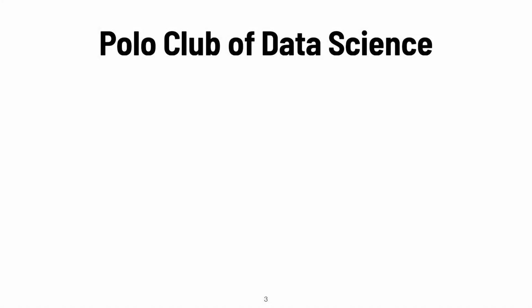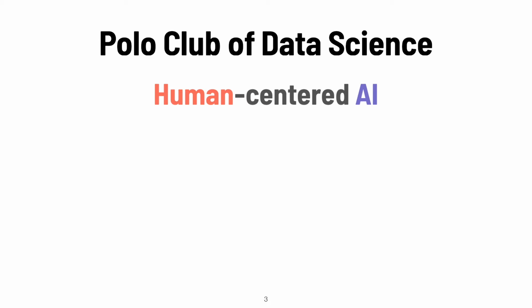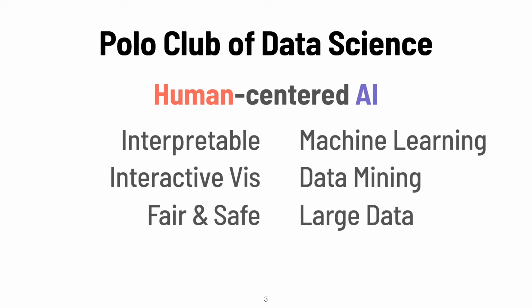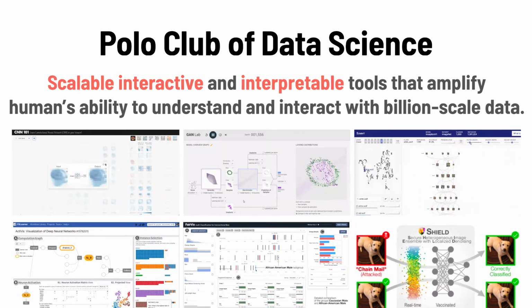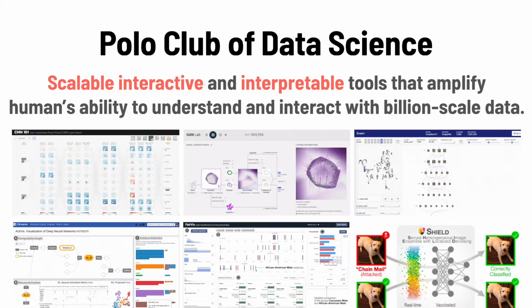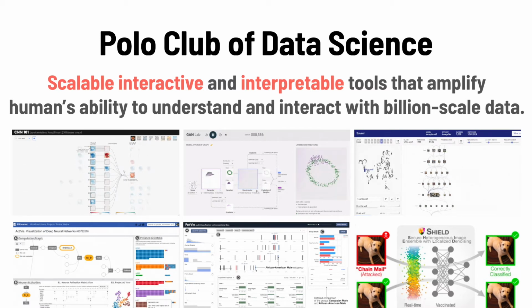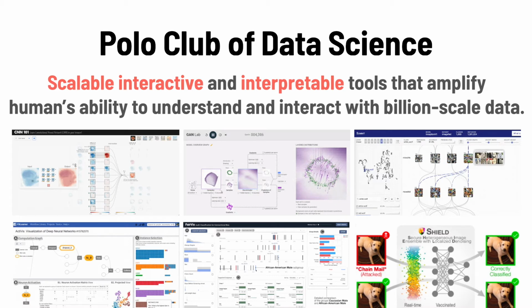We've been working on human-centered artificial intelligence, which intersects scalable machine learning, data mining, interactive visualization, and human-computer interaction. Our goal is to develop scalable, interactive, and interpretable tools that amplify humans' ability to understand and interact with billion-scale data and machine learning models.